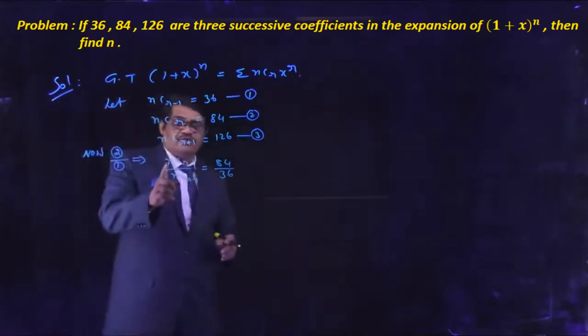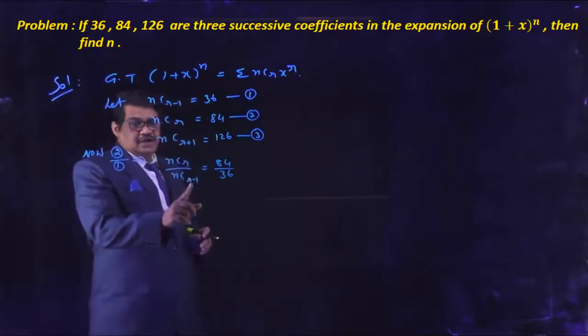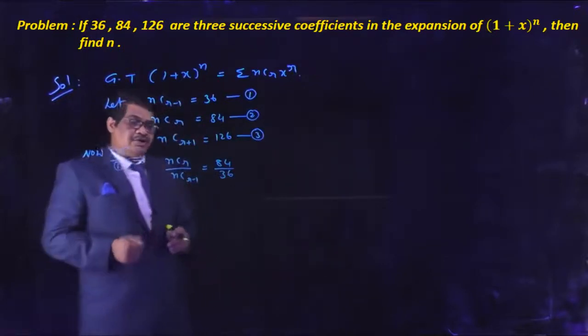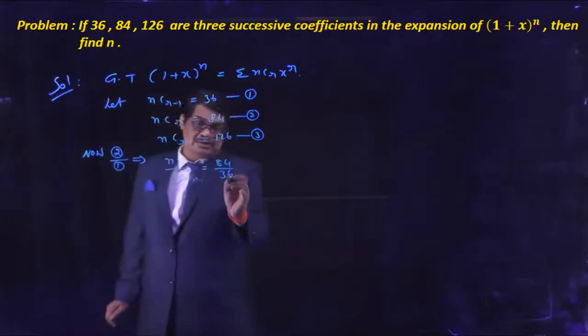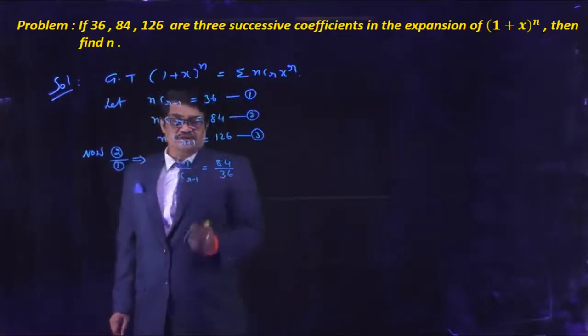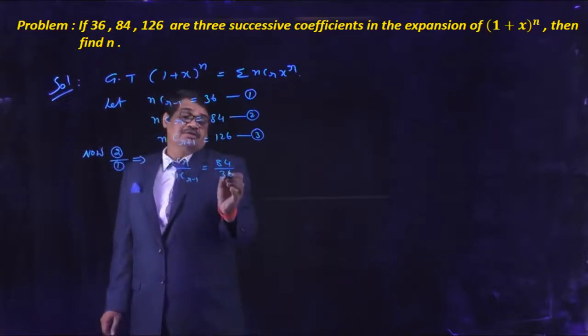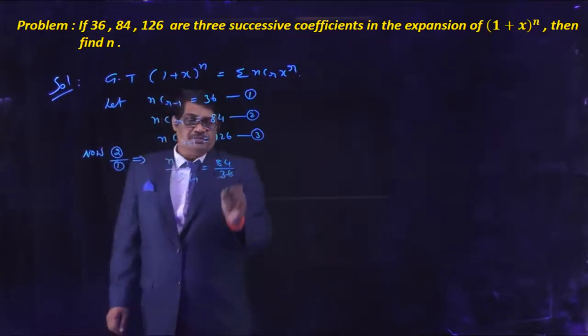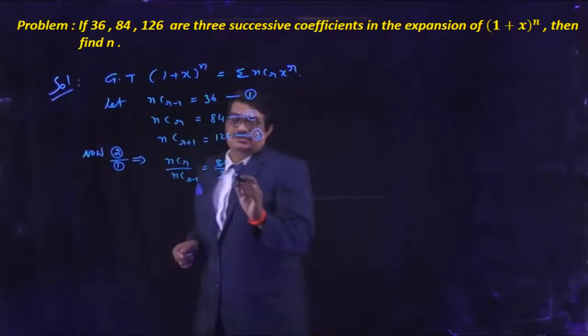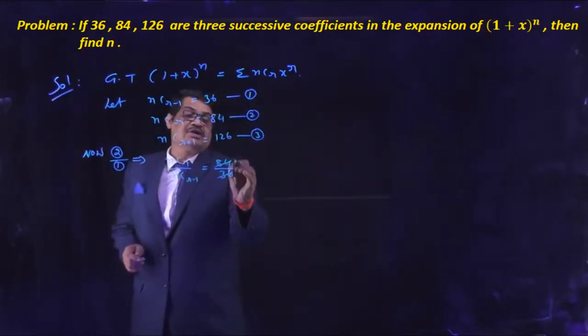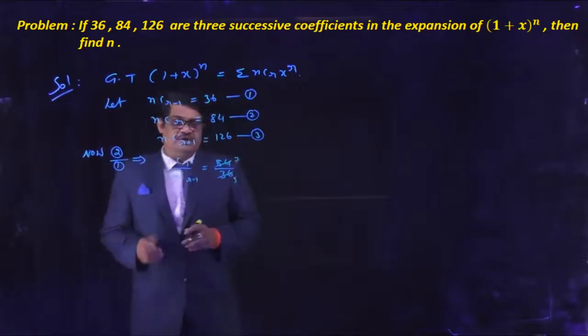We know the formula nCr by nC(r minus 1). So here what is the value of 84 by 36? Simplifying, we are cancelling, that is 12 3s are 36 and 12 7s are 84.